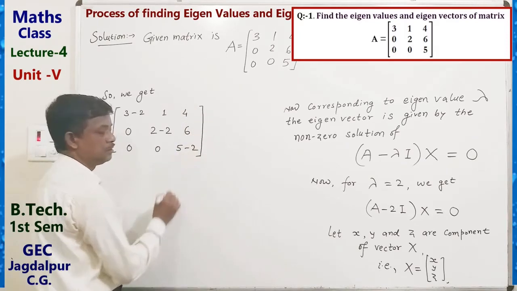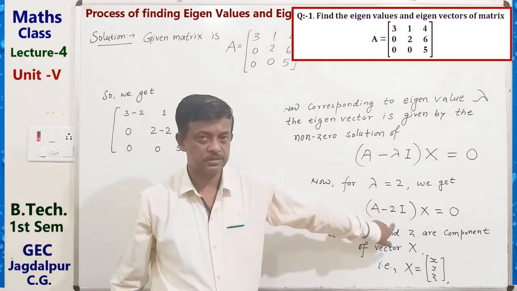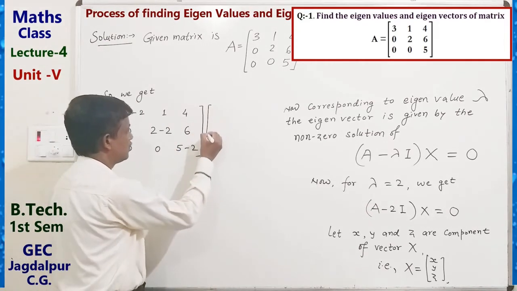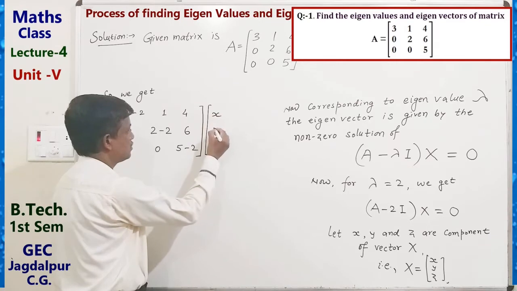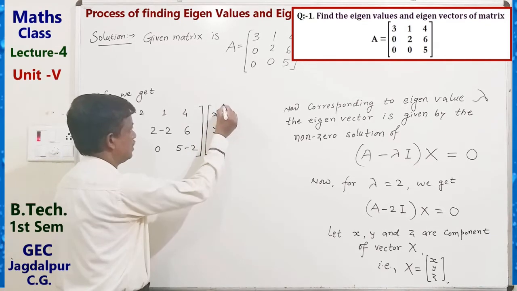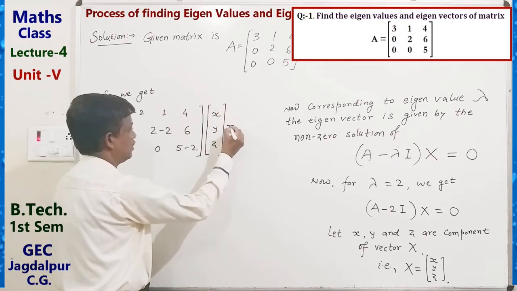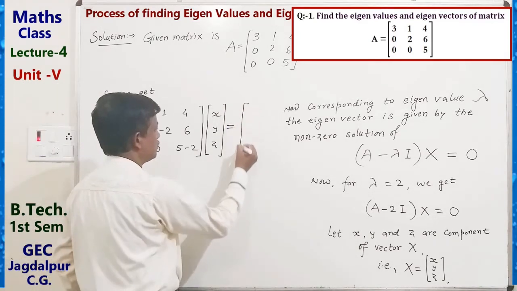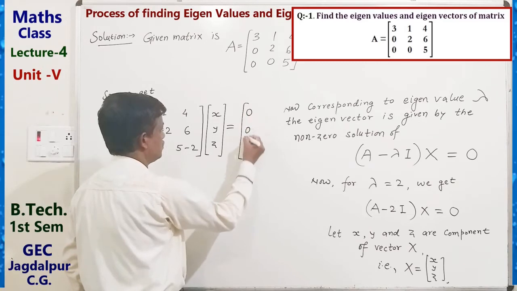This multiplied by x, y, z, and the right-hand side is the zero matrix, 0 0 0.